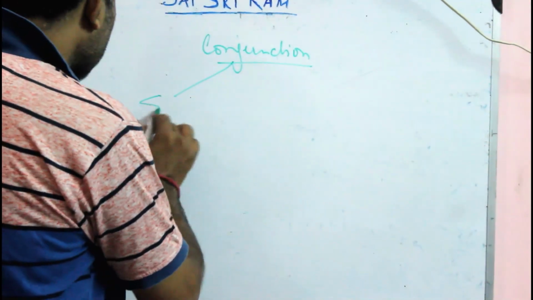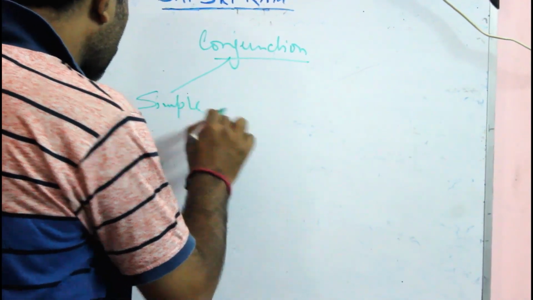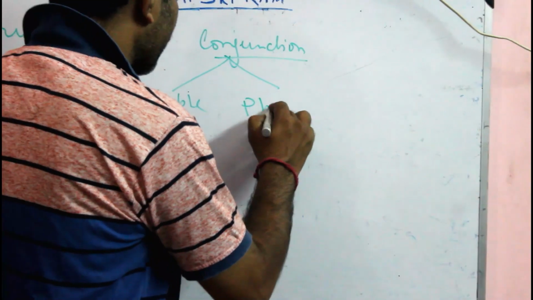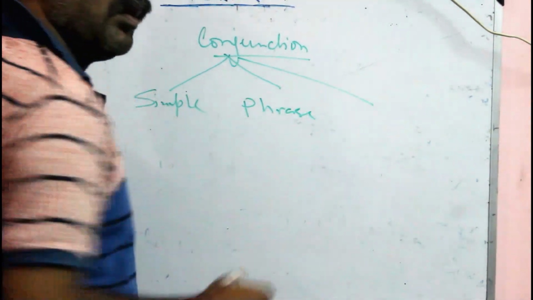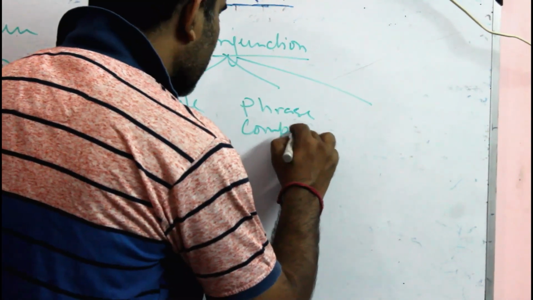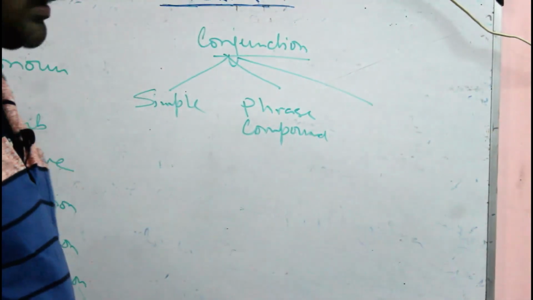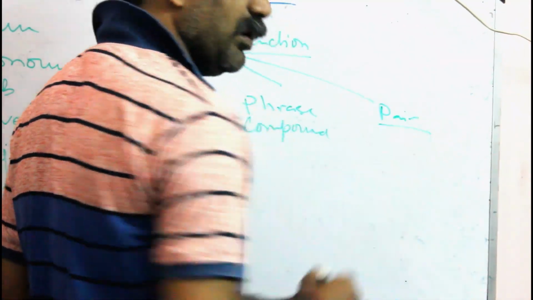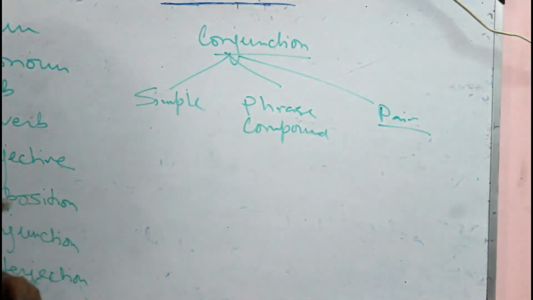One is a simple conjunction, which is made up of a single word. One is a conjunctional phrase, also known as a compound conjunction, and the third one is known as conjunction in pairs, where two words come together.